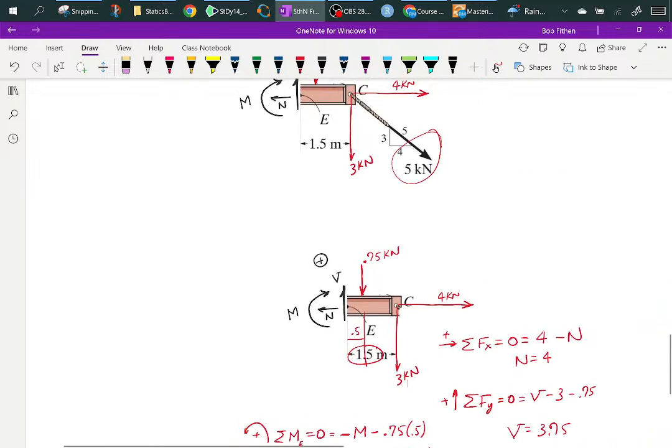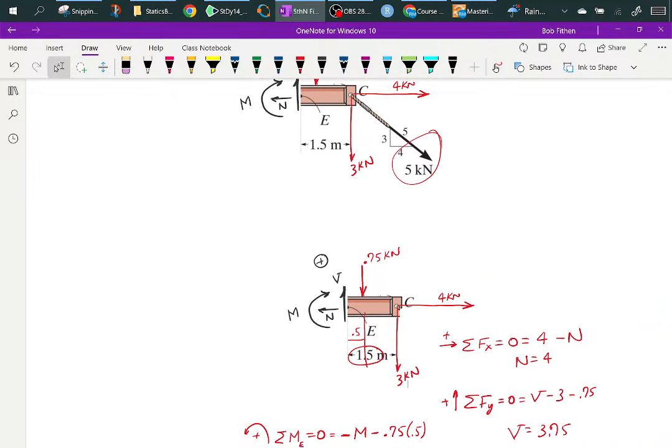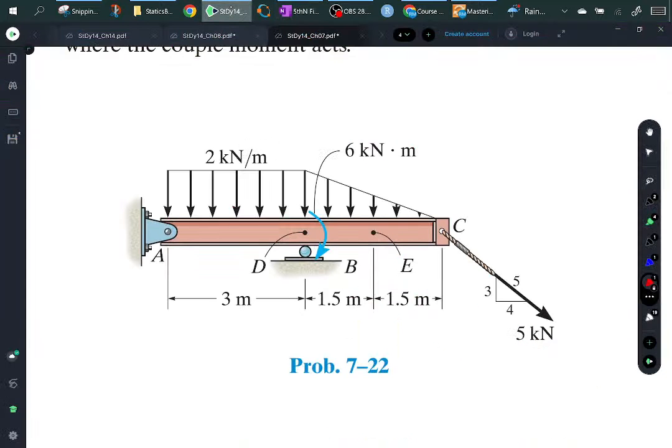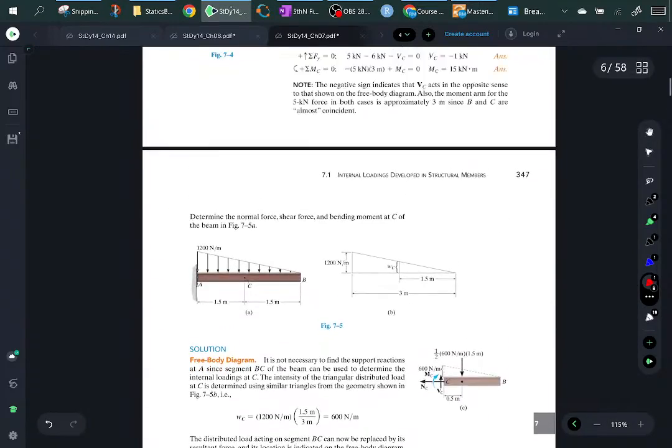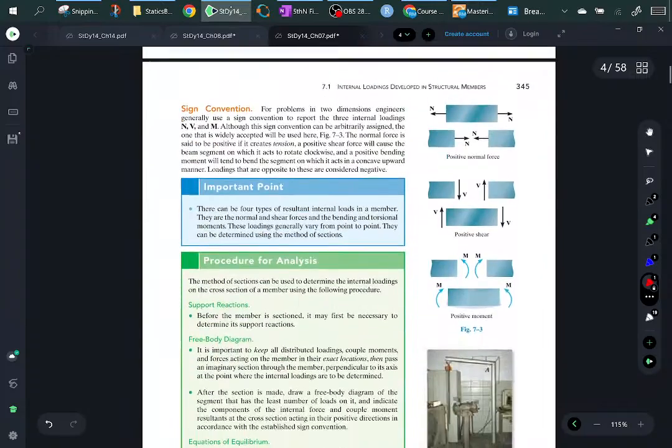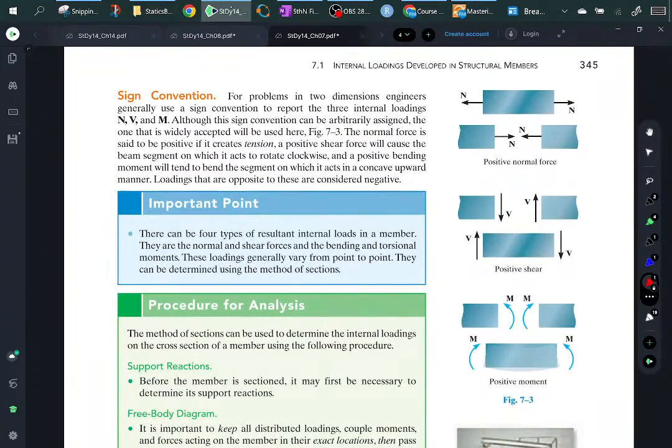And you'll just want to keep that. So if you look at last Friday's lecture, you'll see a quick page, which actually is right back here. Since I already copied the problem, I can go back to it. This page right there. So this is how they define the positives.